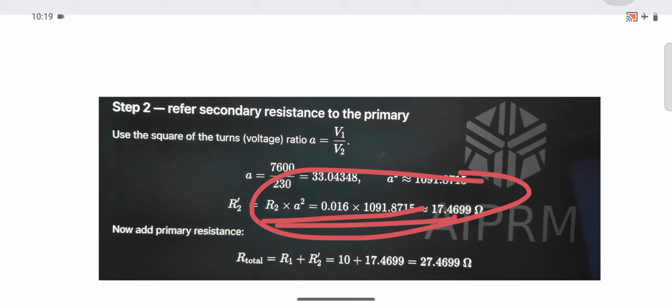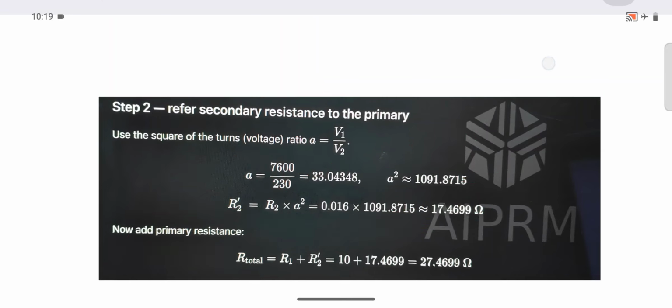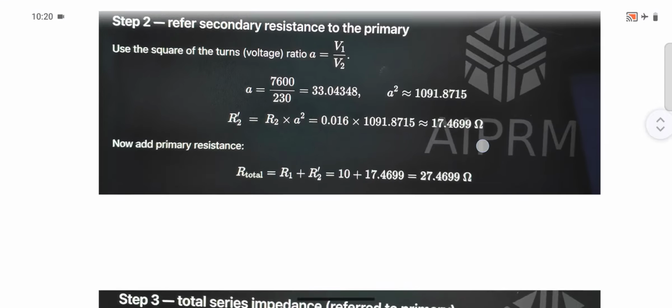Primary resistance is equal to R1 plus R2 dash. R1 is already given as 10 and R2 dash we already calculated. So we can get the primary resistance. This is all for the condition of short circuit.